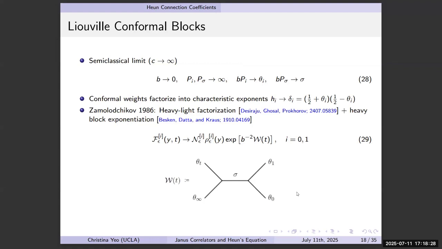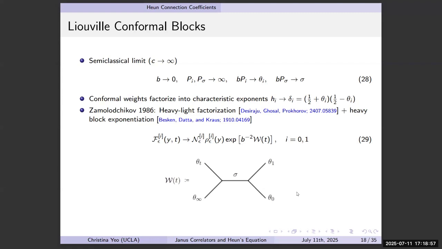And the heavy block will exponentiate in this form. And what we get is this normalization factor, which I'll make explicit in a second. And this light block is going to be identified with the solution to Heun's equation. And this hangs around. And what we're going to do is we're going to take this limit and collect terms order by order.